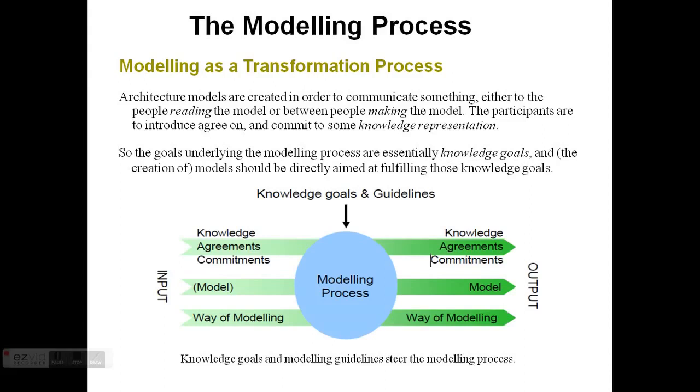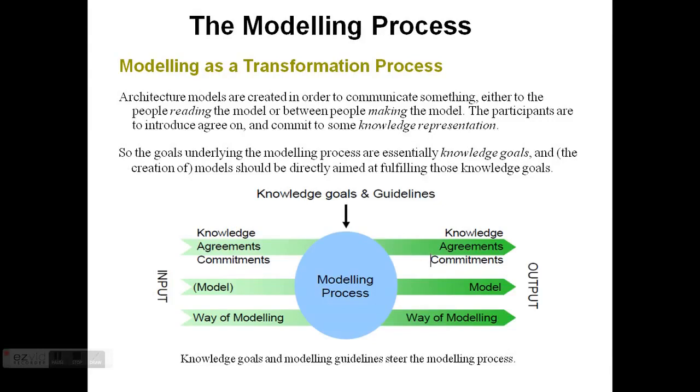Knowledge goals guidelines here show how it refers to the metamodel and the concepts that the modelers work with. As modeling progresses, the participants may or may not decide that more or different meta concepts are needed to answer the questions that are asked.